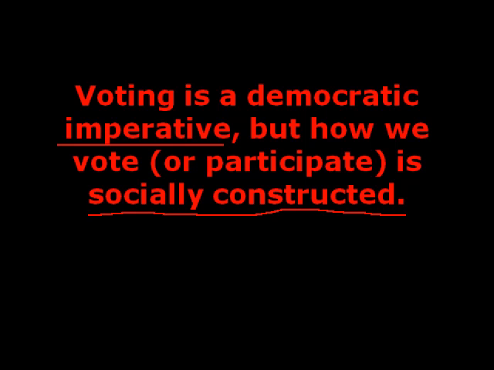Well, that's a decision that we as a society have made, that you can't vote unless you're the proper age. But think about how the age changed, because when the country was established, the age was 21, then it was 18. There's nothing magic about these rules, 18, 21, but we as a society have decided who can vote and under what circumstances. So voting is imperative, but who can vote and how they vote is something we have decided on as a society.